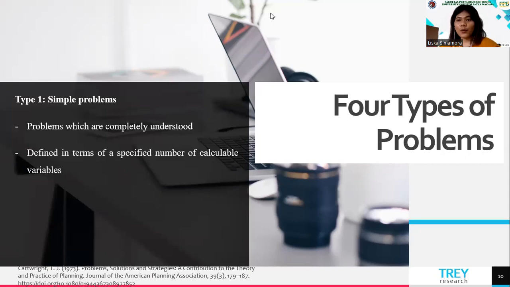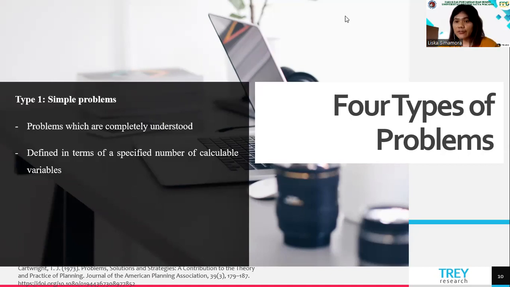And why are we so confident to say that the problem is completely understood? Because we can define the problem, and we are so sure that the problem is driven by a specified number of variables. We really know exactly the things that make that problem happen.